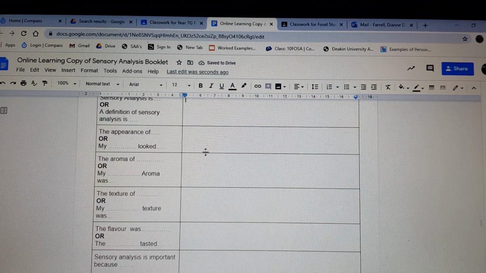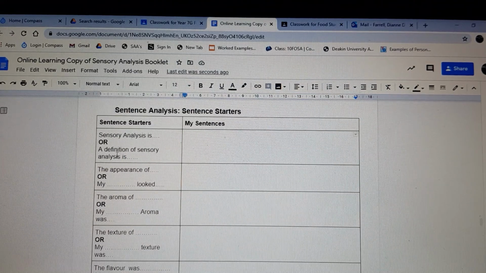So then what you're going to do is scroll down and look at the next one. So remember, we are looking at the appearance and we have aroma and we have texture and then flavor or taste. These words are used interchangeably. So this one here is basically your introduction. Sensory analysis is. So this will become your planning for your introduction.